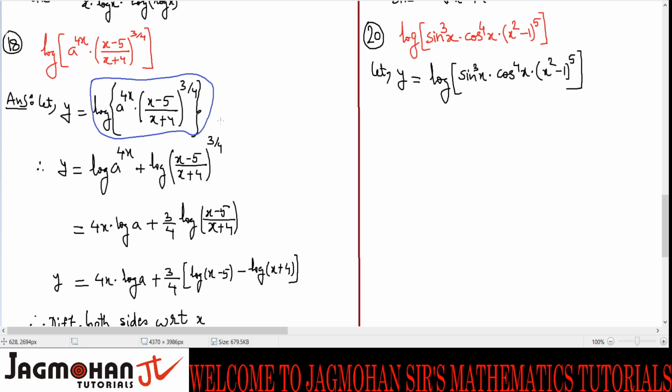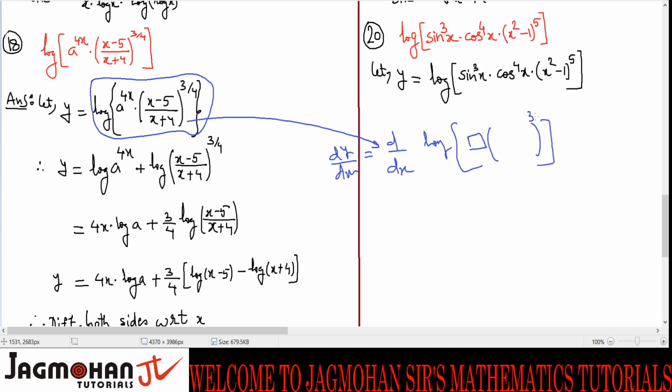The reason is, say I differentiate here itself. So what will happen? The left hand side will be dy by dx as usual, and the right hand side will be d by dx of log of this thing, a raised to 4x and then this raised to 3 by 4.